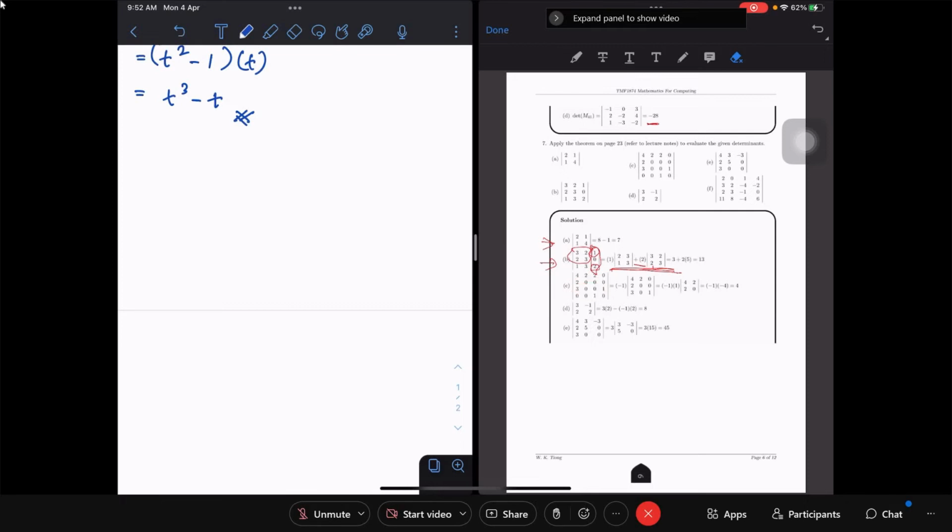Wait, let me see. Anyone knows which one? Why does the C solution look like this? I'm confused too. Never mind, I will get back to you with C. But actually, you can just choose any rows and you just calculate.